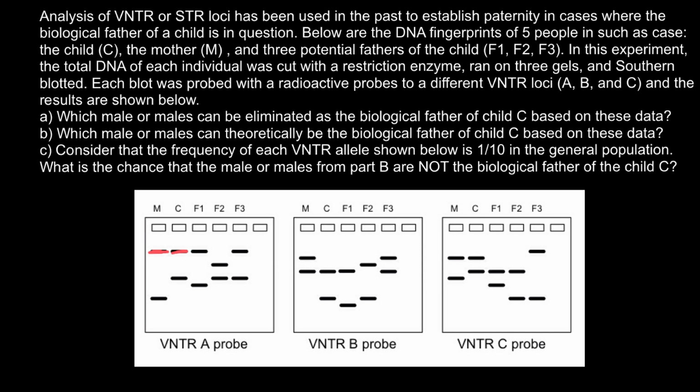But also probable father number 1 has this allele. So can he contribute this allele to a child? Yes, he can. If a child would have only one band and wouldn't have this band, we can say that mother can contribute this allele and father can contribute the same size allele. Probably the child would have this allele on the gel as a thicker or brighter band, but we see that the child has also another allele that cannot be contributed by the mother.